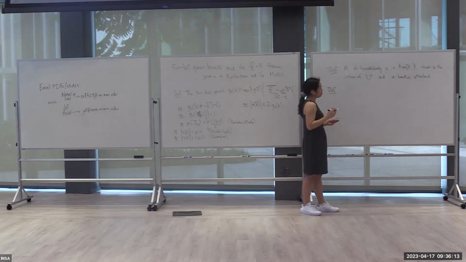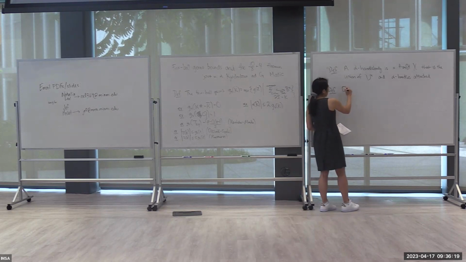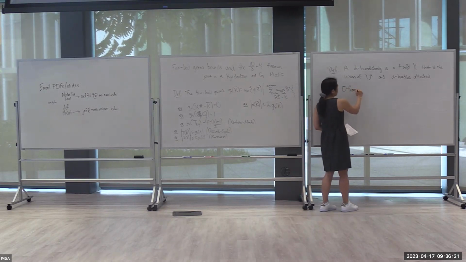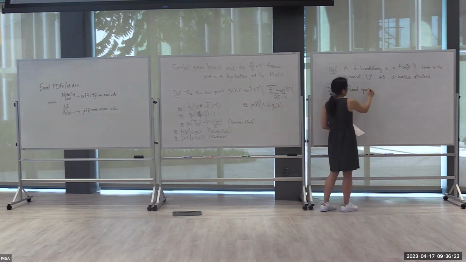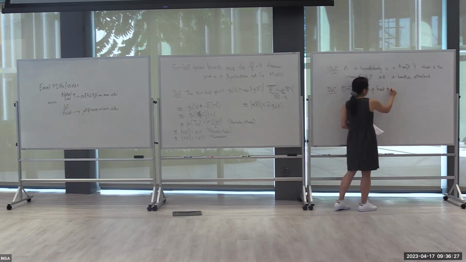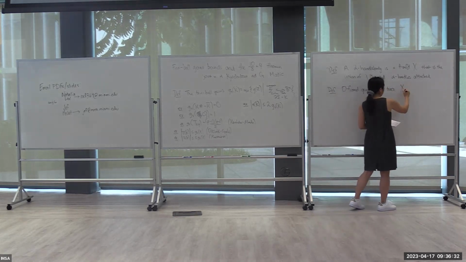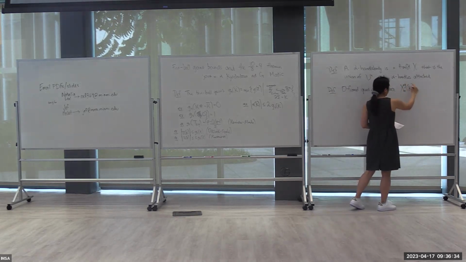An example of a two-handlebody that we'll be interested in is the knot trace. In particular, the zero-framed knot trace.